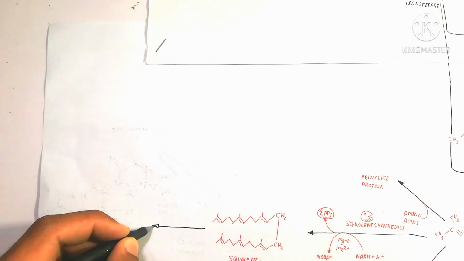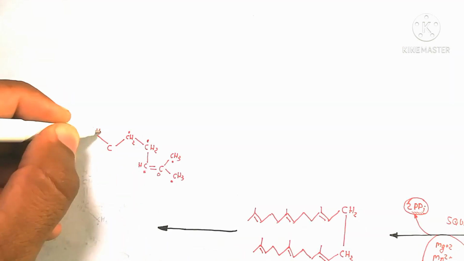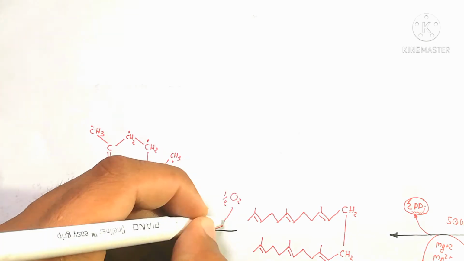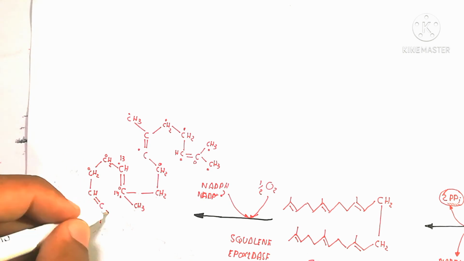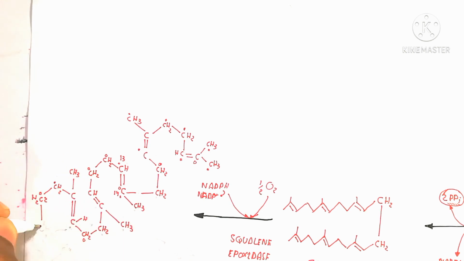Here half a molecule of oxygen is used, as well as NADPH, to produce squalene epoxide.